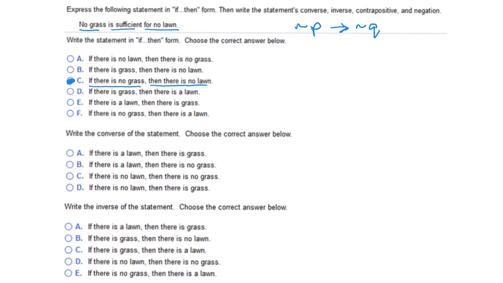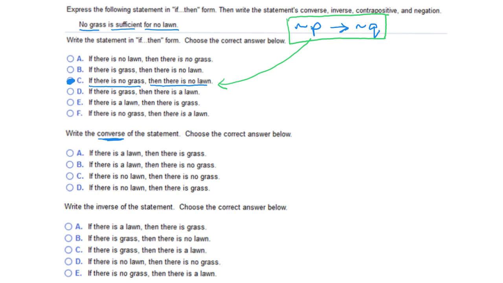And that is equivalent to what we just finished writing. The next thing we want to take a look at is to write the converse of the statement. We created our original statement, and we'll always go back to this original statement to do all these other rewrites for converse, inverse, contrapositive, and negation.